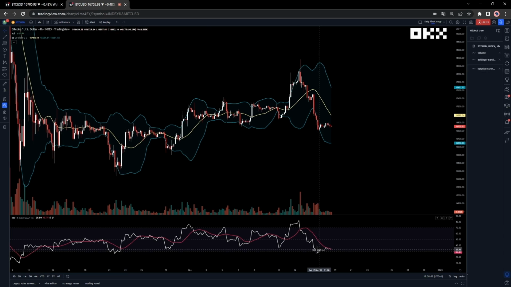The RSI is, as I mentioned last time, a good indicator of when support is going to kick in. At this point, we see support here at 16.5K, and since then, we're seeing this sideways movement.